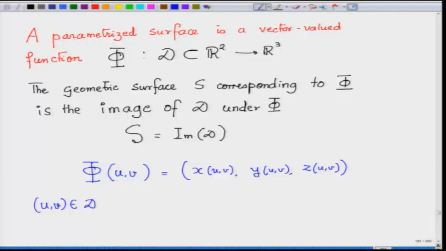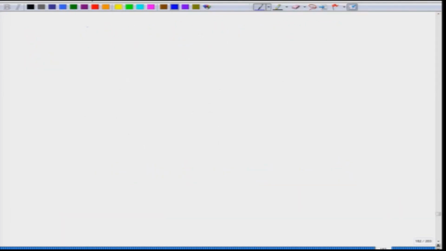So, basically, here in R2 you have a domain, you have this domain D, and this function phi is operating on it to give a surface.